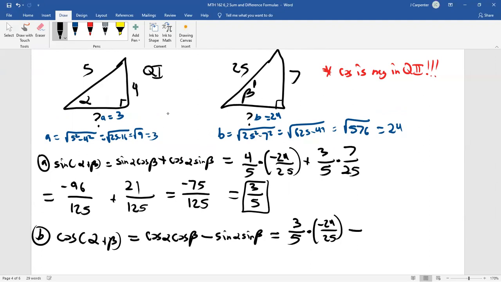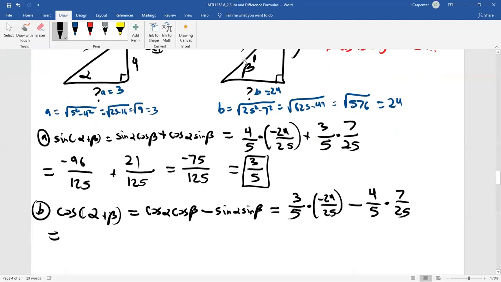Then the minus from the formula. And then we have sine alpha, sine beta. Sine of alpha is 4/5, opposite over hypotenuse, times sine of beta, which is 7/25. And then we just clean up the arithmetic.